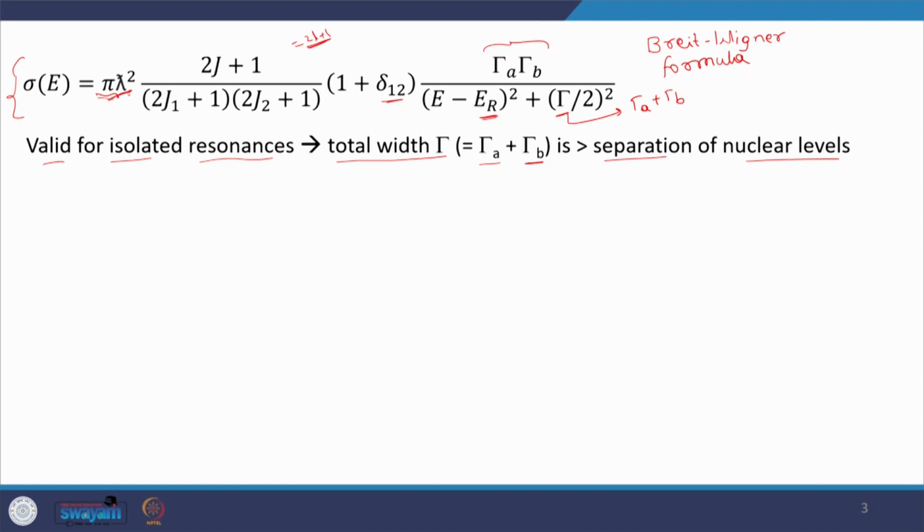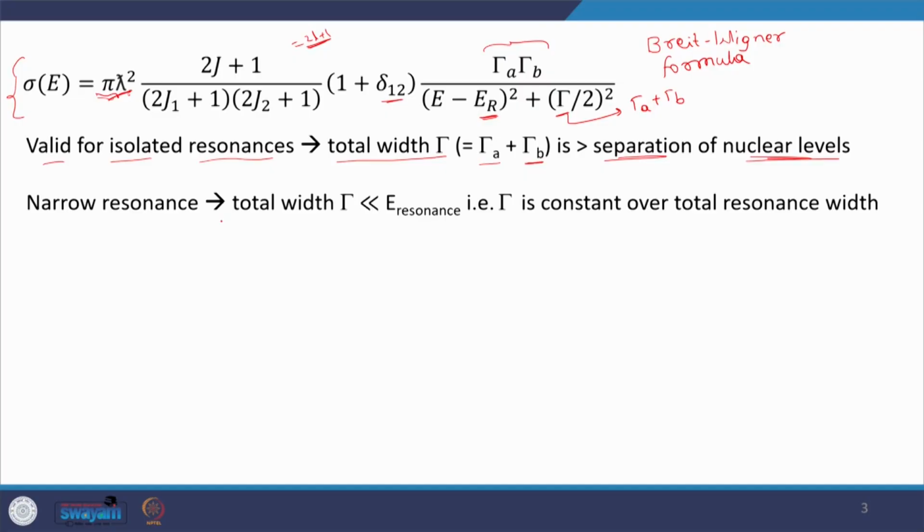The width of the state which was populated by the nuclear reaction should be greater than the separation of the nuclear levels. That is what we mean by isolated resonances. And when I say narrow resonance, it means the total width, that is the sum of the formation and decay width, should be much less than the projectile energy at which this resonance is happening. That means the total width is constant over the resonance.